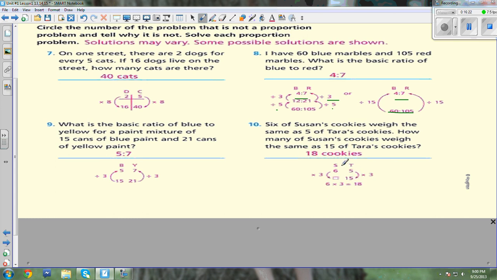This is kind of setting it almost up like a factor puzzle. If you look at the 5 and the 15, it's 3. And 6 times 3 gives you 18 cookies. Just another way of doing it. It's a little different than a factor puzzle because you're really looking at how many times 5 goes into 15, and then that number 3 transfers over, then 6 times 3 is 18.